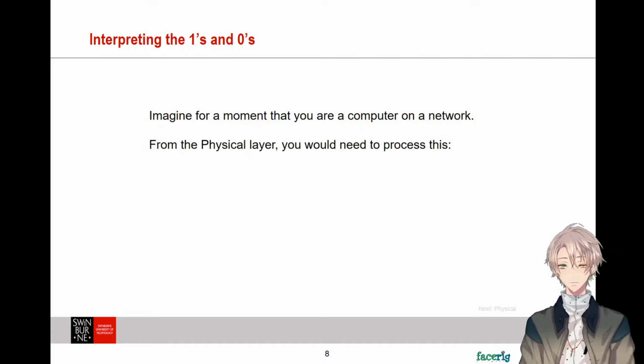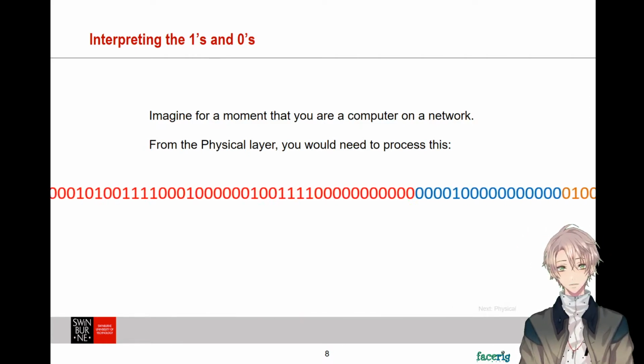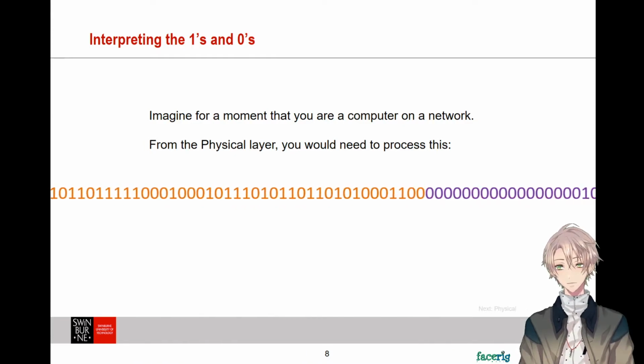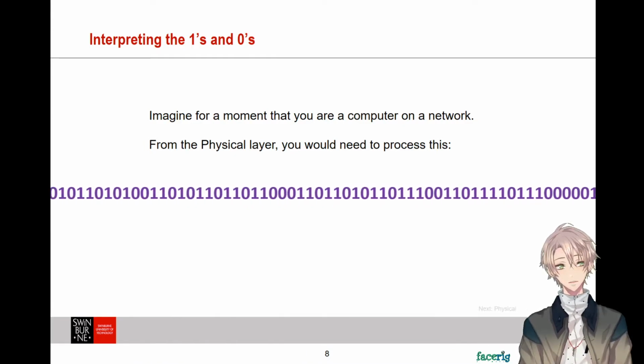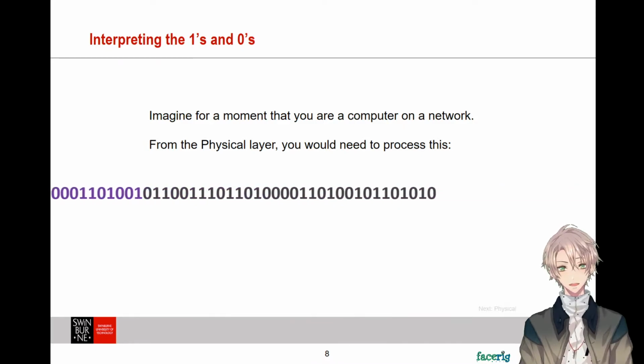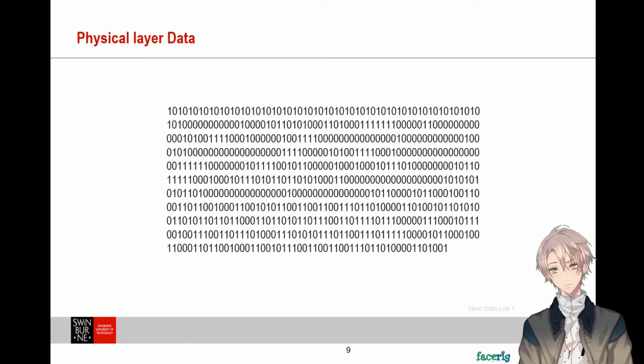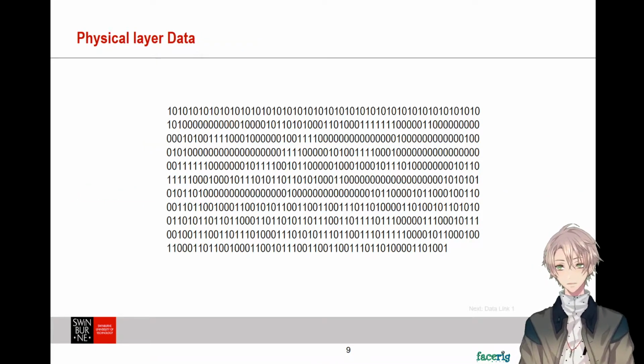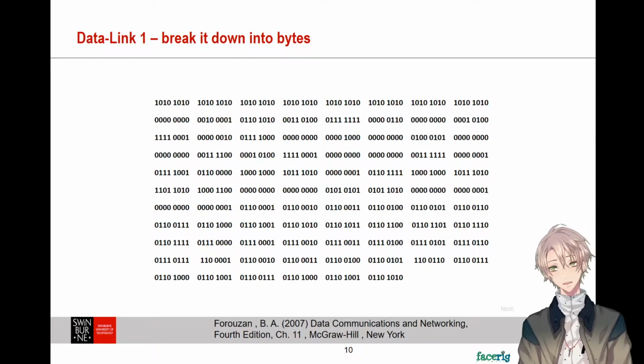So imagine for a moment that you are a computer in a network. From the physical layer, you will need to process all of this in a split second. Look at those numbers. This is what your physical layer data looks like. After the physical layer, which is layer 1, we have layer 2, called the data link layer.